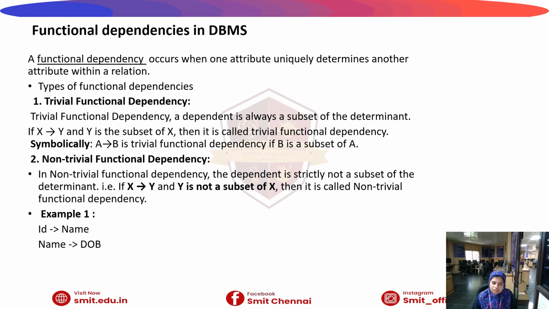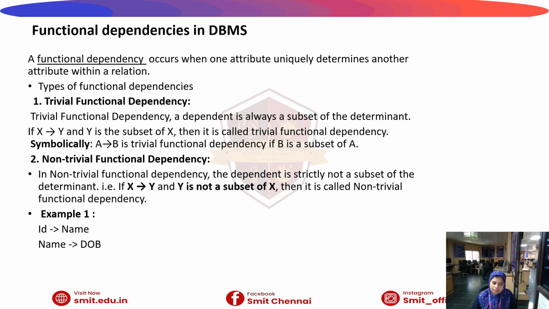The second type is non-trivial functional dependency. Here X determines Y, and Y is not a subset of X. In a non-trivial functional dependency, the dependent is strictly not a subset of the determinant.